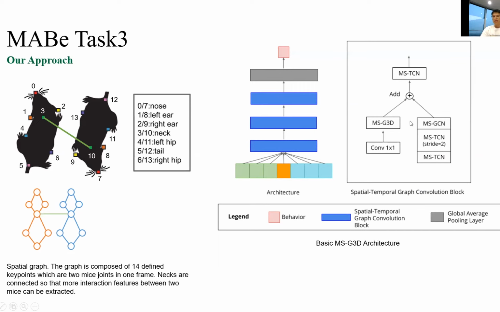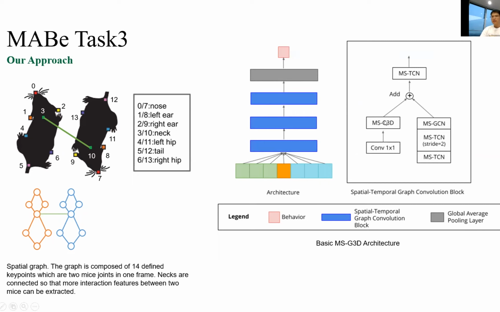This block is composed of two pathways. The right pathway is a stack of TCN and GCN. The TCN is used to extract temporal information, and the GCN is used to extract the spatial information. We can find in this right pathway, the spatial and the temporal features are not extracted at the same time, but in the left pathway, there is a 1x1 convolution block and an MSG3D block.